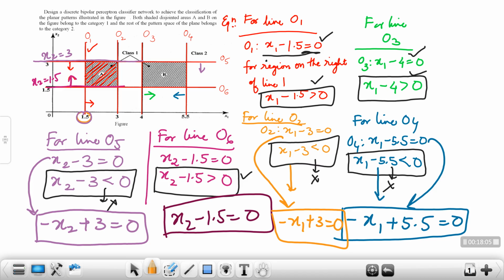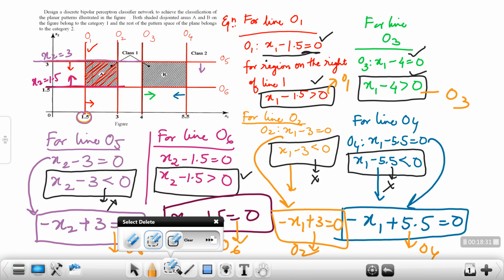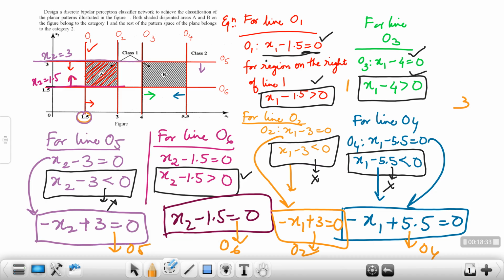So finally we get 6 equations. Which are those 6 equations? This is for O1, this is for O3, this is for O2, this is for O4, this is for O6, this is for O5. Sorry, not this. These are not for O1 and O2. For O1 and O2, it's not these ones, but these ones.